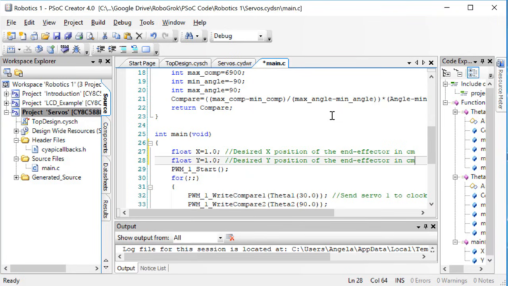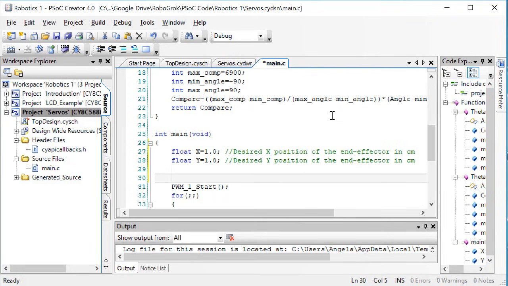We'll make these two variables floats so that we could give them decimal points if we want to. Now, we want to enter the equations that we derived previously.